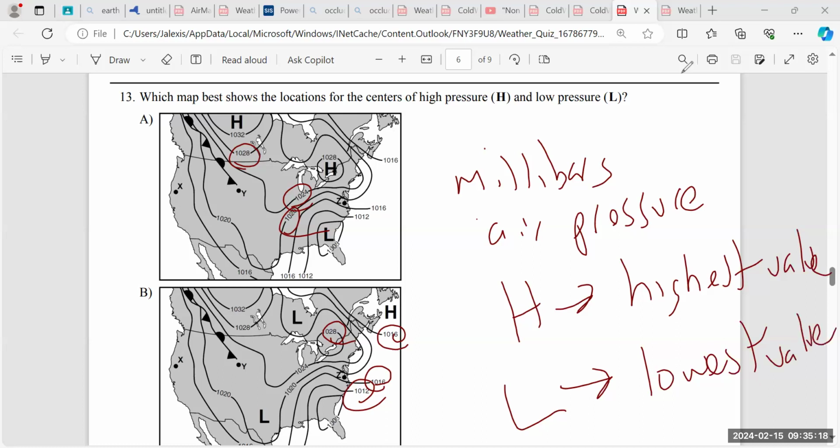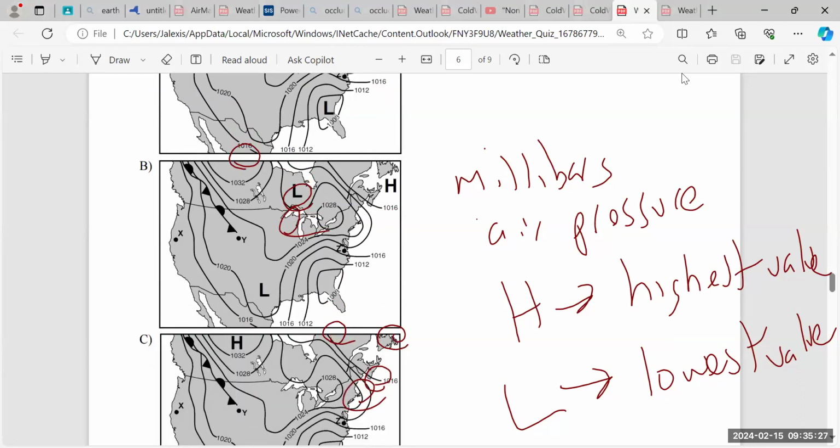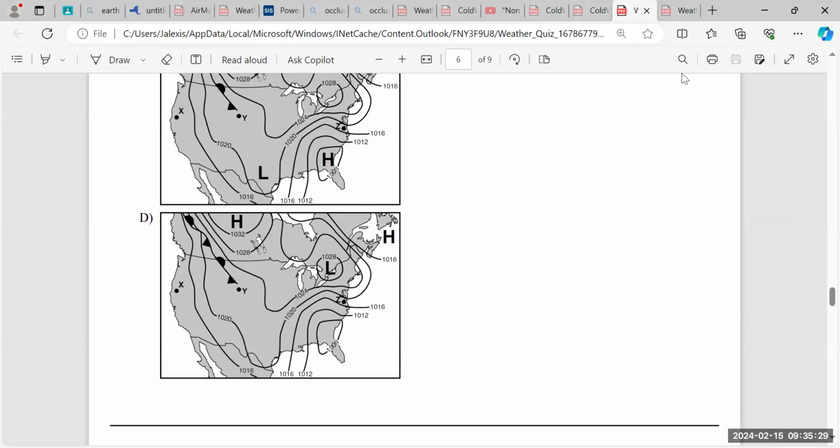So which map am I seeing where H's are at the highest pressure values and L's are at the lowest pressure values? Well, I'm taking a look. Right here, this doesn't make sense for D because L is at the center of 1028.